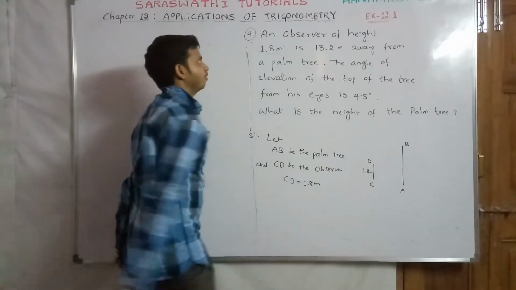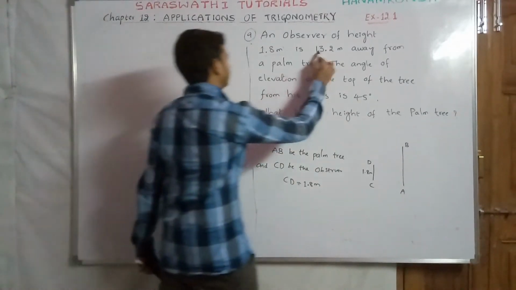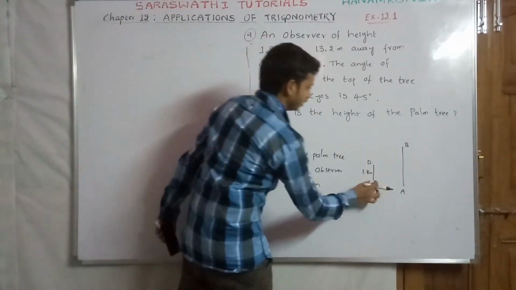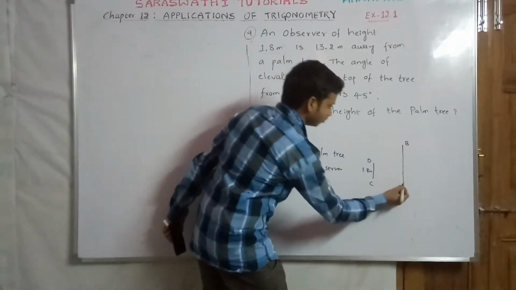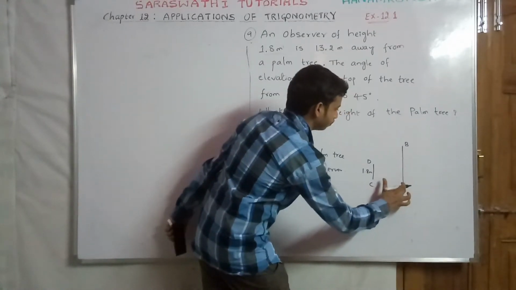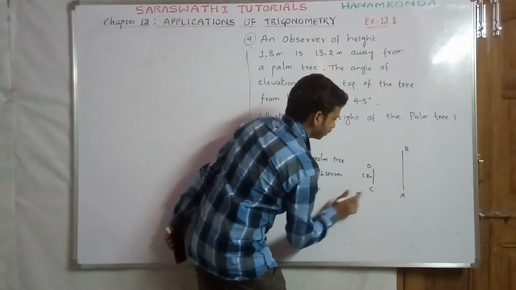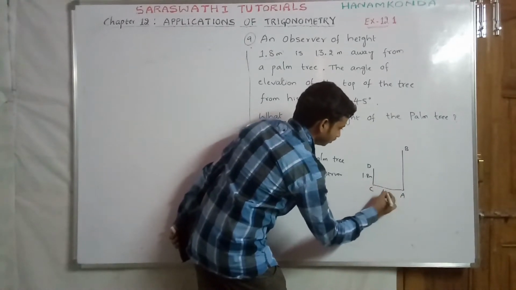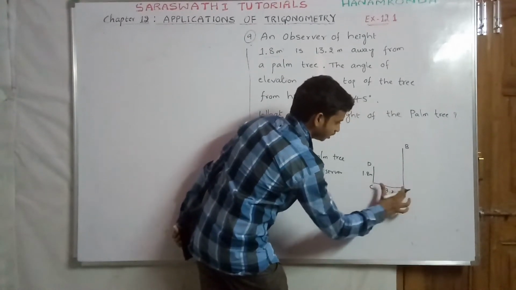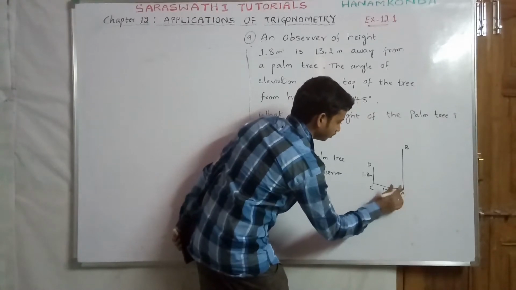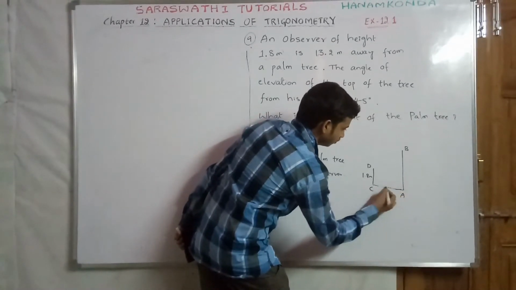An observer of height 1.8 meters is 13.2 meters away from the palm tree. So he is 13.2 meters away from the palm tree. That means the distance between the foot of the palm tree and the foot of the observer is 13.2. That means AC value is 13.2.